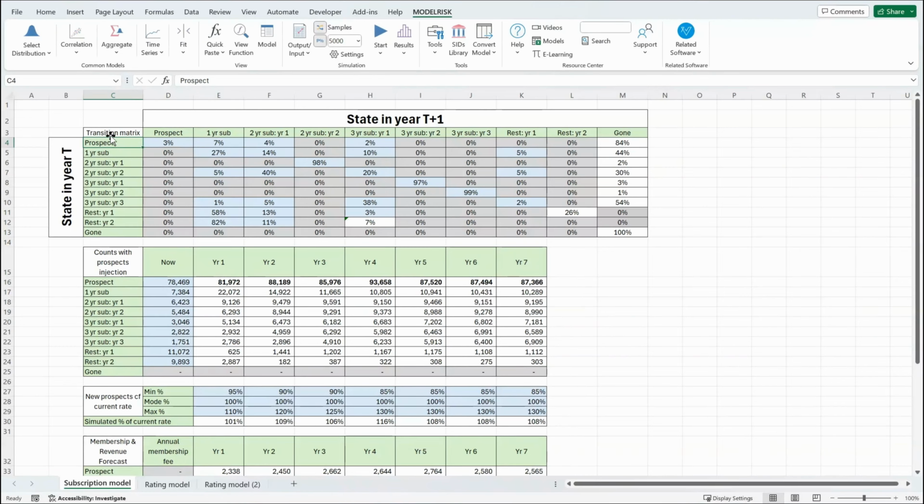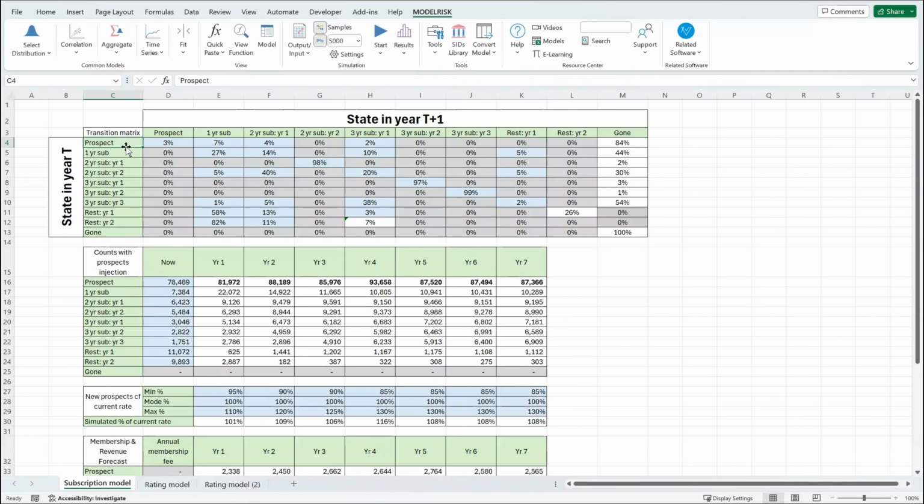So the states are: it's a prospect, we have 1 year subscription, 2 year subscription in the first year, 2 year subscription in the second year, 3 year subscription in years 1, 2, and 3. They took a break for a year, they took a break for 2 years, and they disappear further.